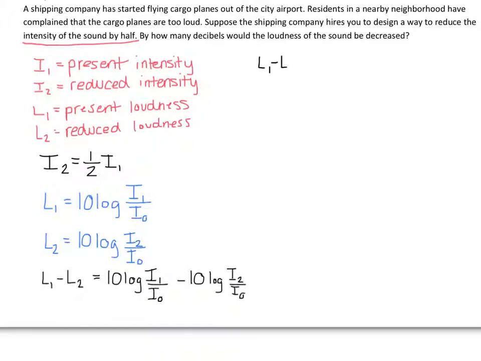So L1 minus L2 will equal 10 log intensity 1 over intensity naught minus 10 log 1/2 intensity 1 over intensity naught.